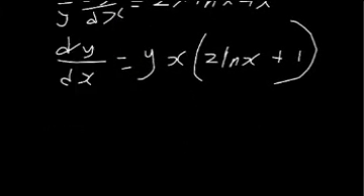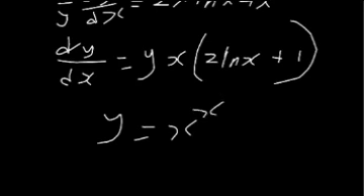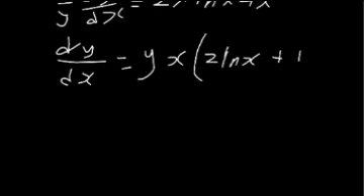Remember we said at the beginning that y equals x raised to power x raised to power 2, right? So you have to replace our y here for it to go back to x.